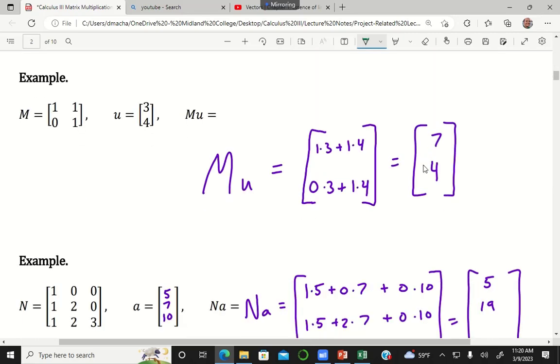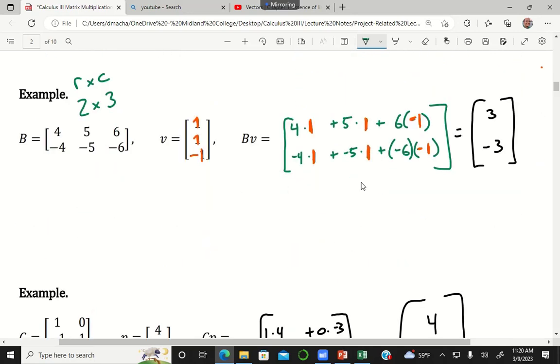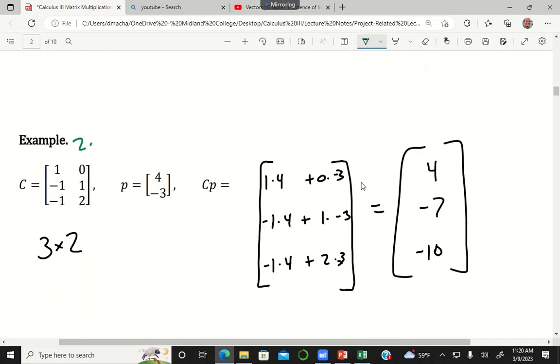So I have 2 columns here, and so I have a 2-entry vector. I have 3 columns here, and so I had to have 3 entries in my vector for that to work. And then here I had 2 columns, and so I had 2 entries in this vector.